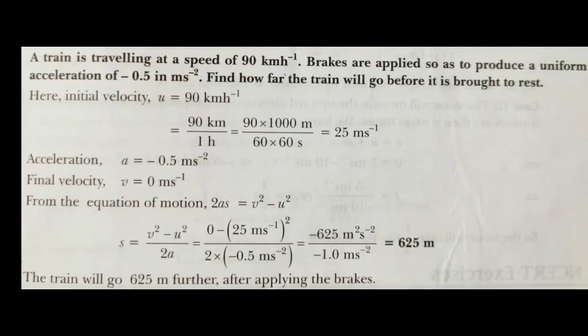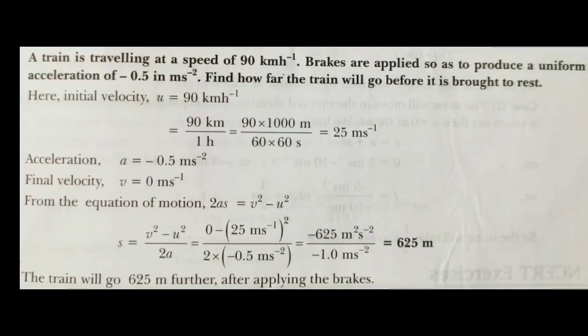Now question number 2: a train is traveling at a speed of 90 km per hour. So at that time the train is traveling, so this is initial velocity, that is u. Now brakes are applied so as to produce a uniform acceleration of minus 0.5 meter per second square.